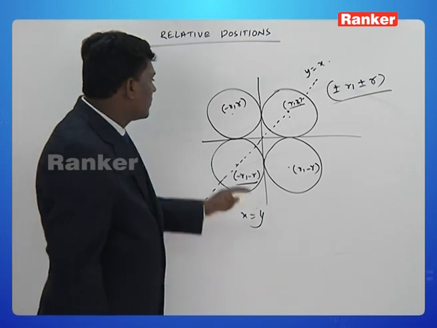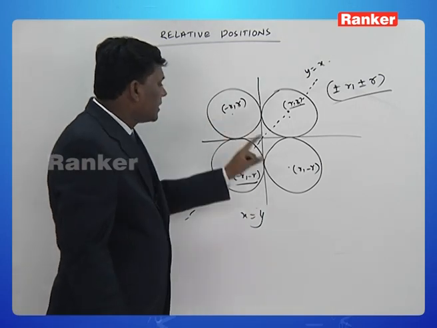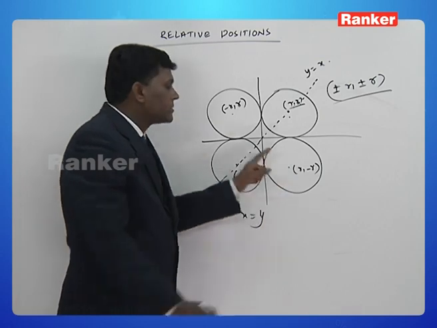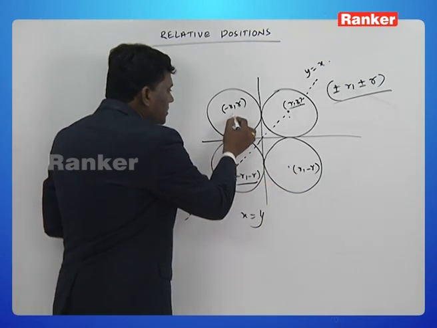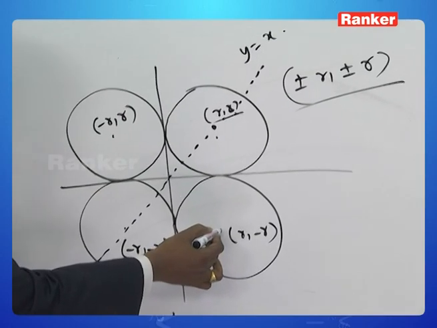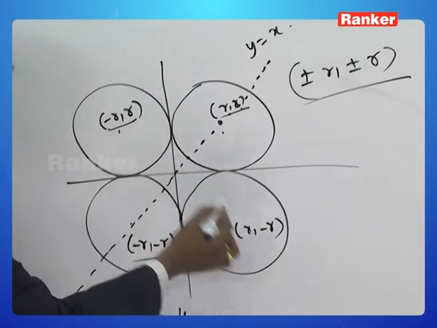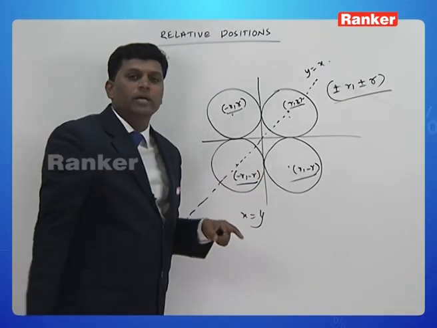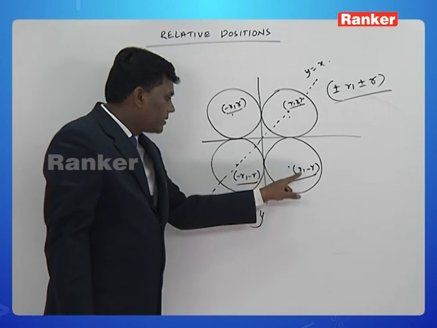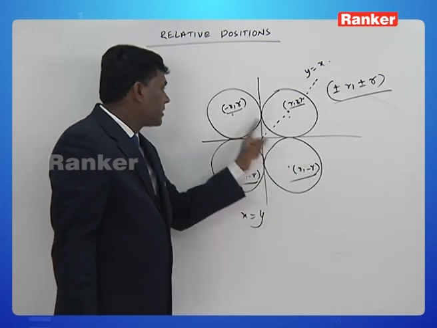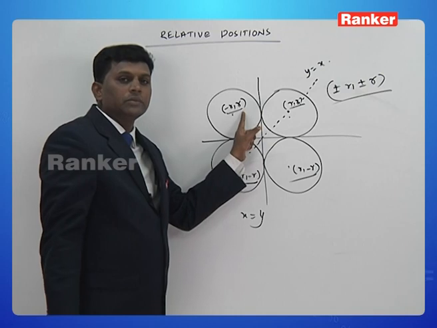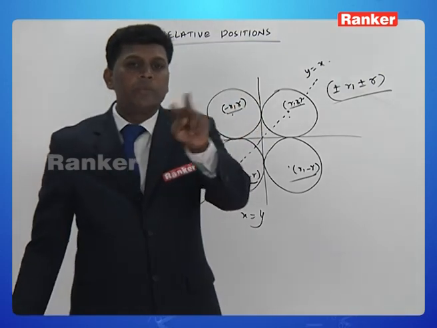In a very similar way, for the second and fourth quadrants, if you observe a circle touching both the axes, and analyze the center's abscissa and ordinate, (r, -r) and (-r, r), both are numerically equal but opposite in sign.